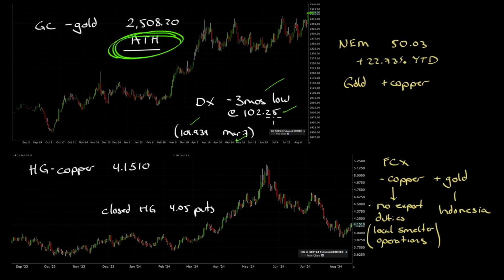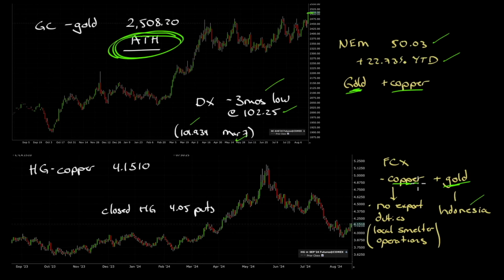So that gives some support to commodities denominated in US dollars. Newmont broke $50, closed at 50.03, up 22.73% year to date. They are a big gold producer, and their byproduct is copper. FCX, the opposite, is a copper producer, and their byproduct is gold out of Indonesia.